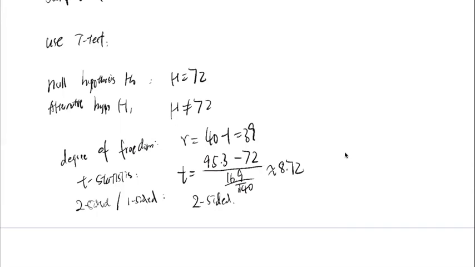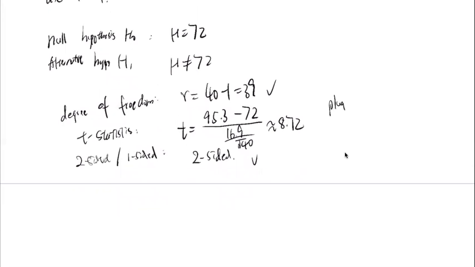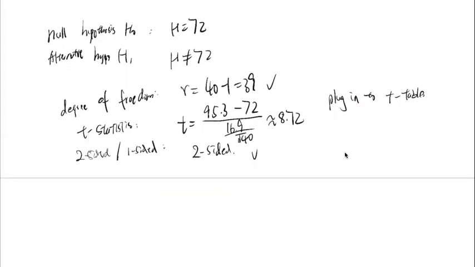With all this information, the degrees of freedom and the two-sided test, we can plug into a t-table or a t-calculator and we will get the result. We also need alpha, the significance level, equal to 0.05.